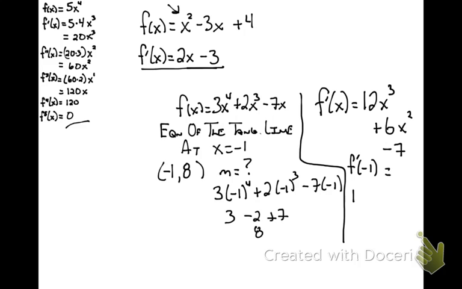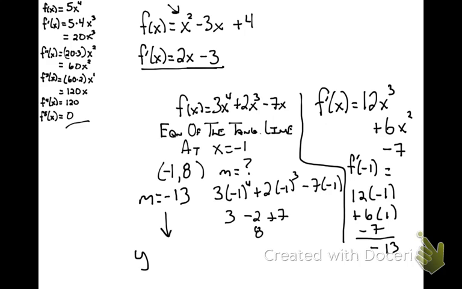So 12 times negative 1 plus 6 times positive 1 minus 7 would be negative 12 plus 6, negative 6. Negative 6 minus 7 is negative 13. There's my slope. So now I know a point, and the slope is negative 13. So what's my tangent line? Well, by point slope form, it would be y minus 8 equals negative 13 times x plus 1.